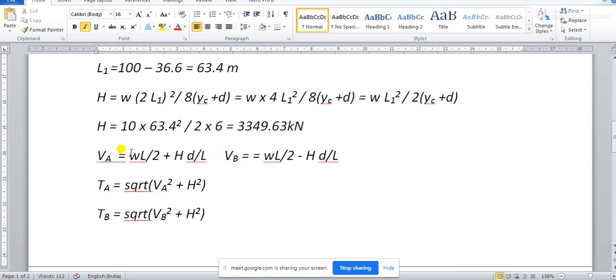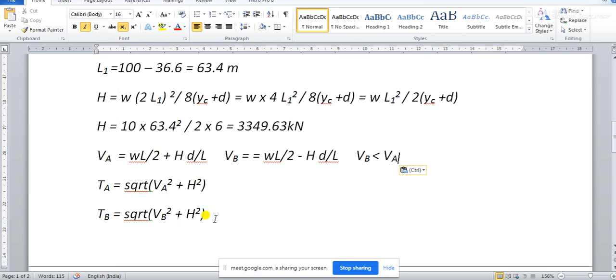VB is lesser than VA. You see, VB is less than VA. Will it be or not? Will VB be greater or lesser? VB will be less. So VB is less than your VA.